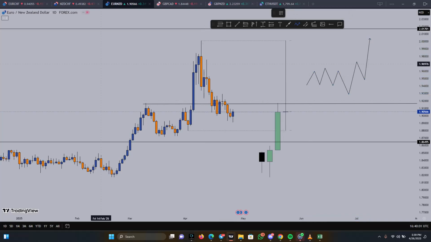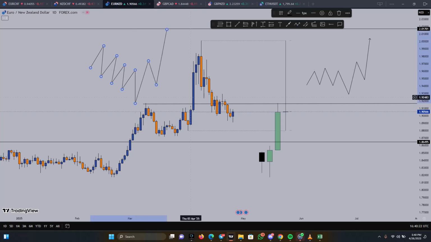Let me see if I could get this drawing. Yeah, something like this. Yeah, this can also be an accumulation, a downward trend line accumulation. Understand? So this could be what it's doing because this is not a strong momentum to the downside. This is a retracement. Understand?